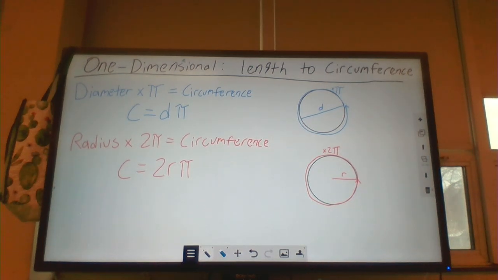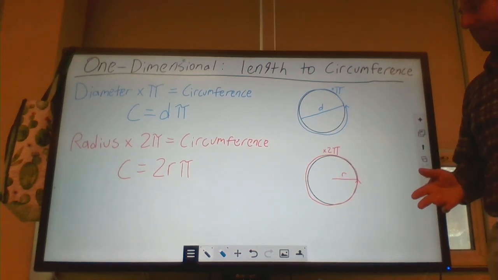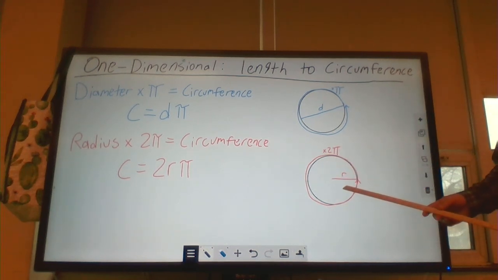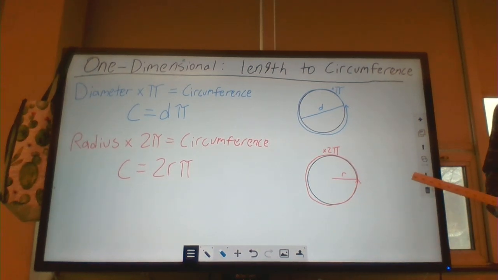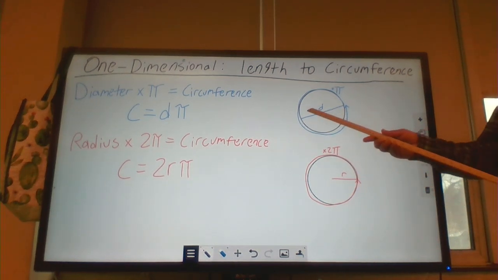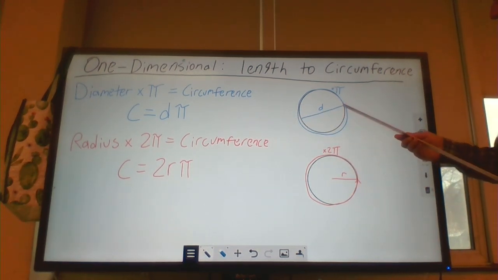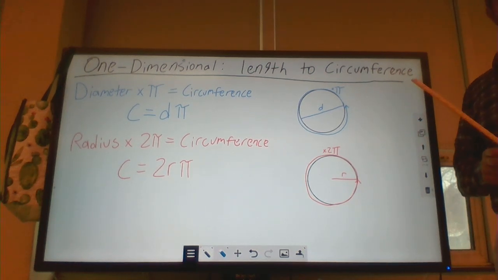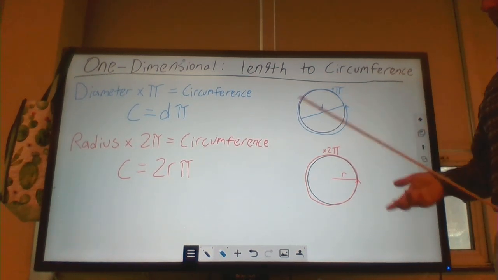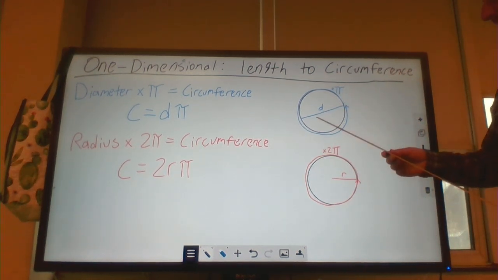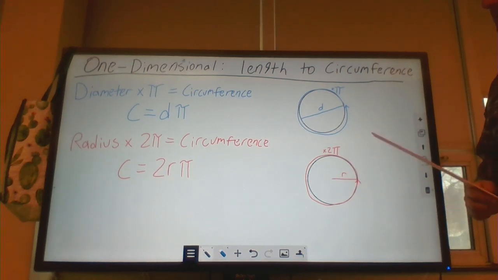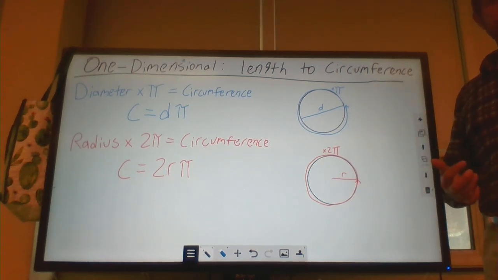So for starters, there are two different one-dimensional measurements we can take of a circle. We can either get the radius, which is the distance from the center to the edge of the circle, or we can get the diameter, which is the distance from one edge of the circle to the opposite edge through the center. As you should already know, a diameter is twice as long as a radius, and the formulas reflect that.